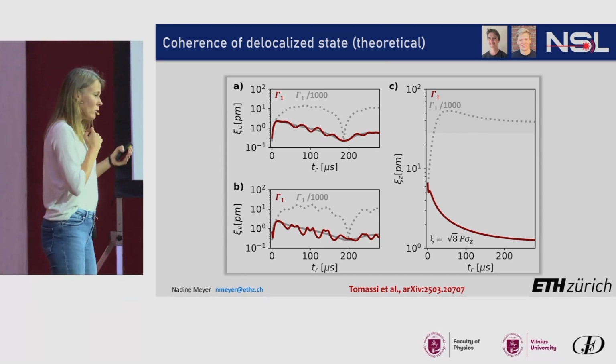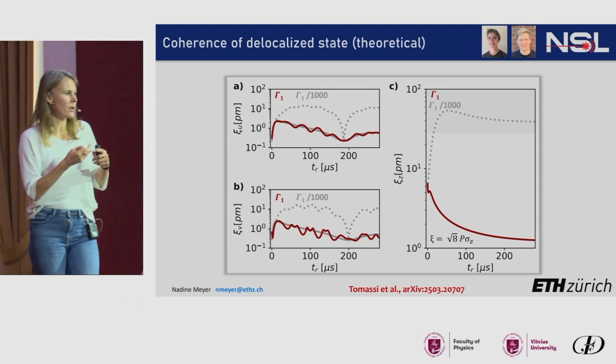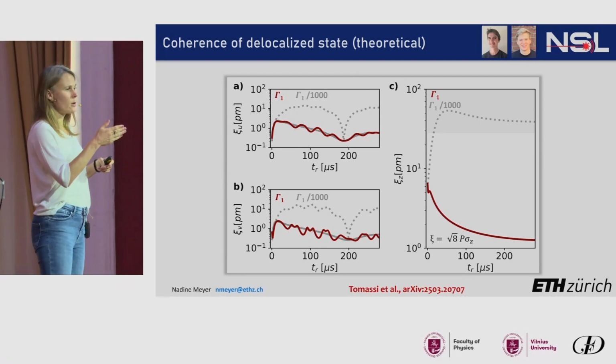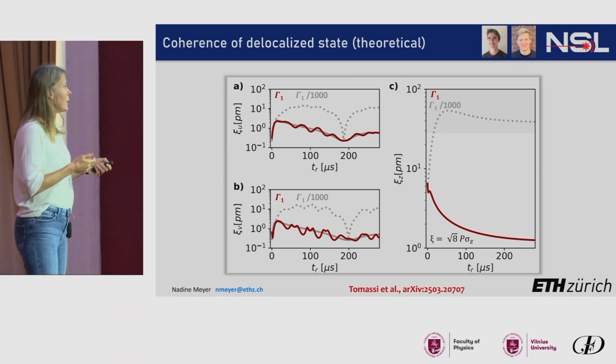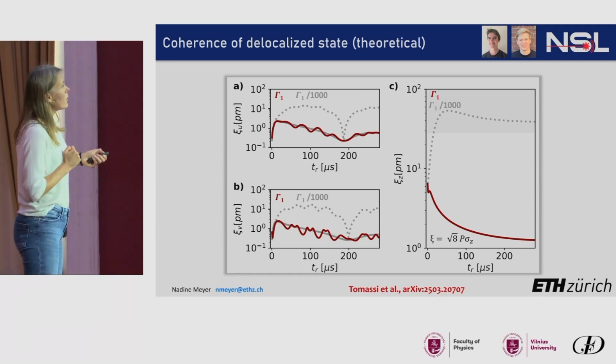But if we now imagine a case where we can improve our decoherence rate by a factor of 1,000, which will need better vacuum, better electronic equipment, filtering, also thinking about trap shaking and so on, then you actually enter the regime where you get this increase.